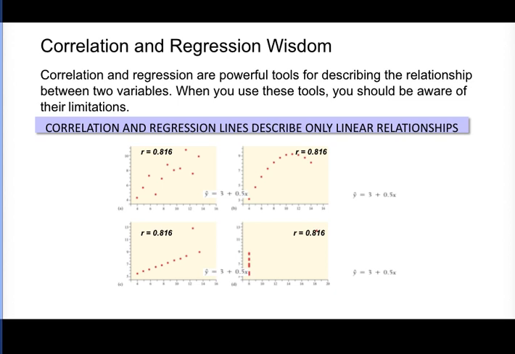Notice how we have different relationships. Some are linear. So the first one, we have a linear relationship. The next one is giving us a parabolic or a parabola relationship. The next one, notice how it's a straight line, but we have 2 points that are kind of out of whack.